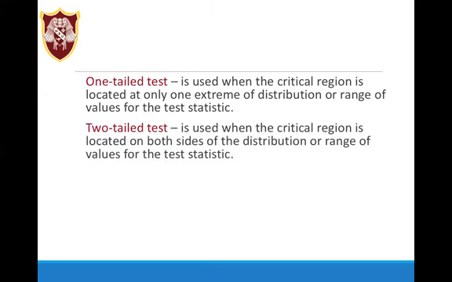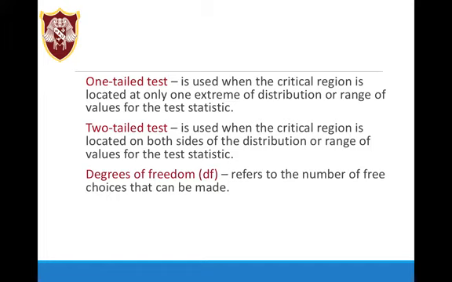A two-tailed test is used when the critical region is located on both sides of the distribution or range of values for the test statistic. So this one is applied to a non-directional hypothesis. The degrees of freedom, or DF, refers to the number of free choices that can be made.